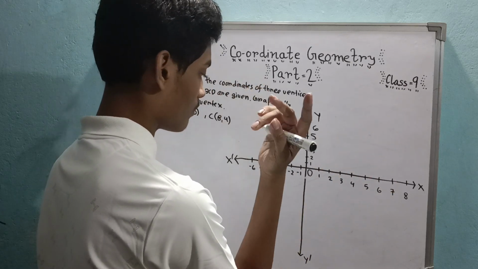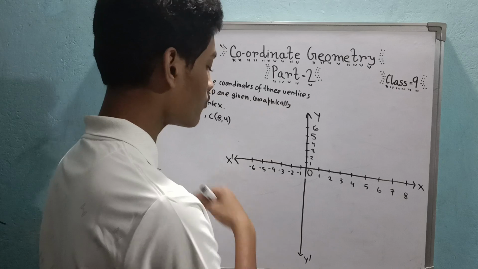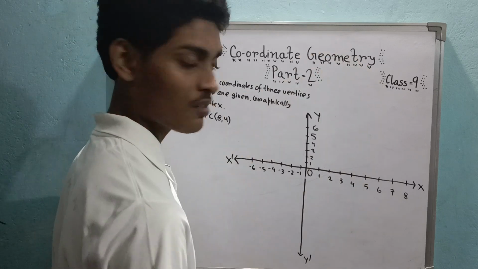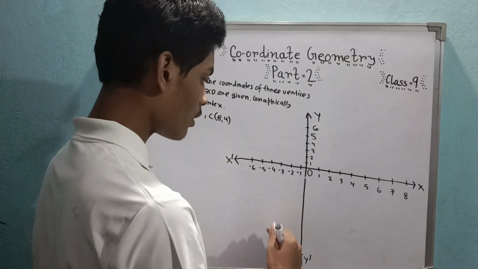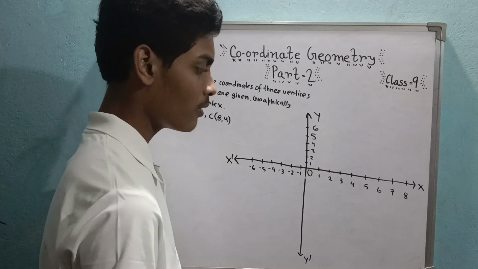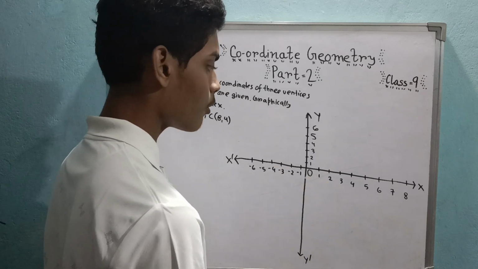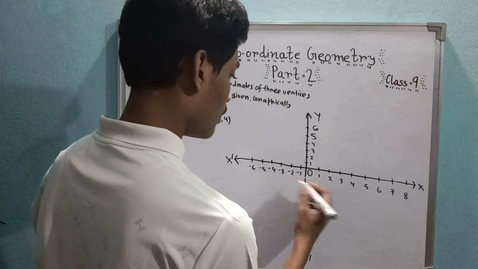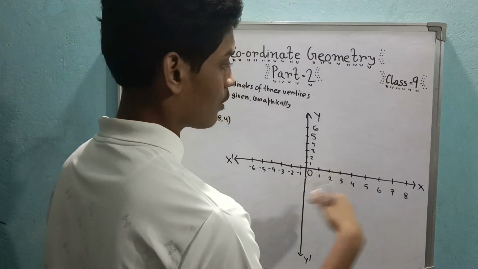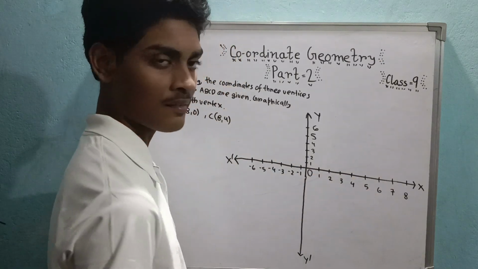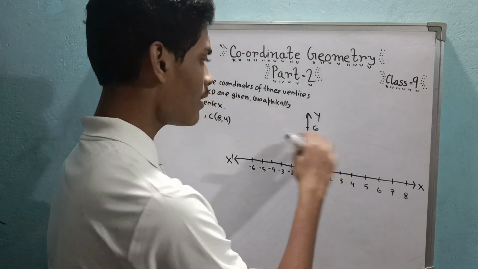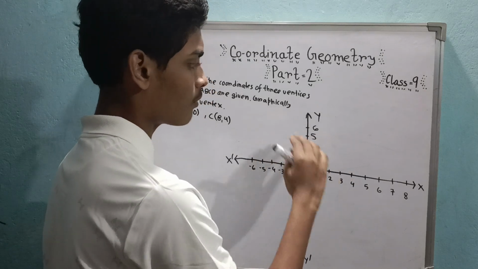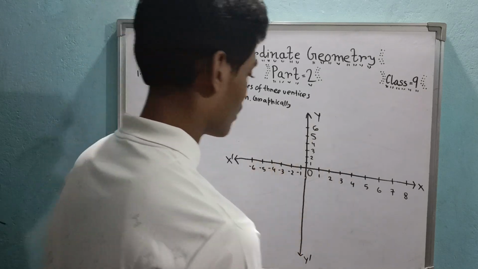Second quadrant, abscissa negative, ordinate positive. Third quadrant, both abscissa and ordinate negative. Fourth quadrant, abscissa positive, ordinate negative. So you can see that first comes the x-axis value, then the y-axis value, that's the form of the coordinate. You can understand the signs from the figure.